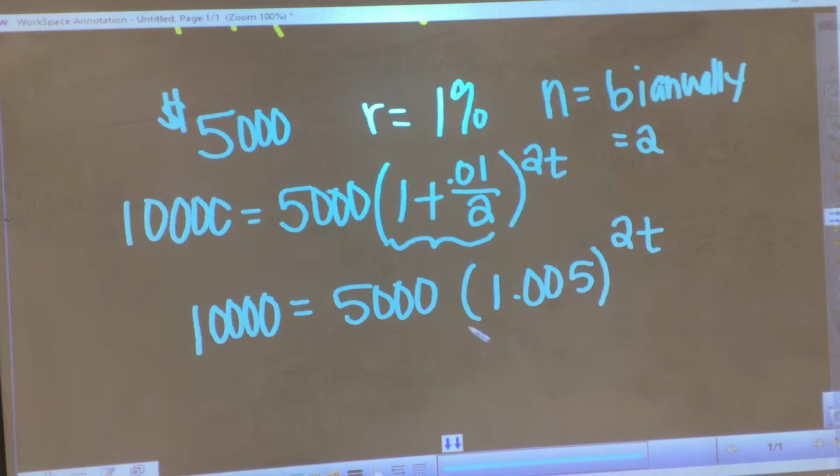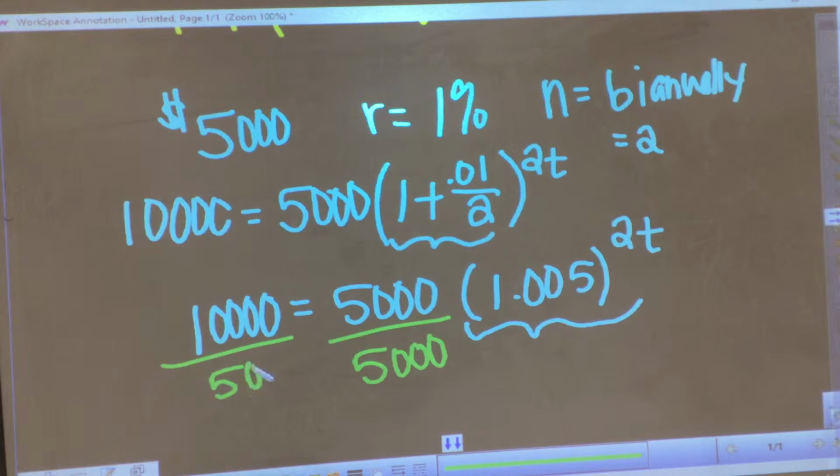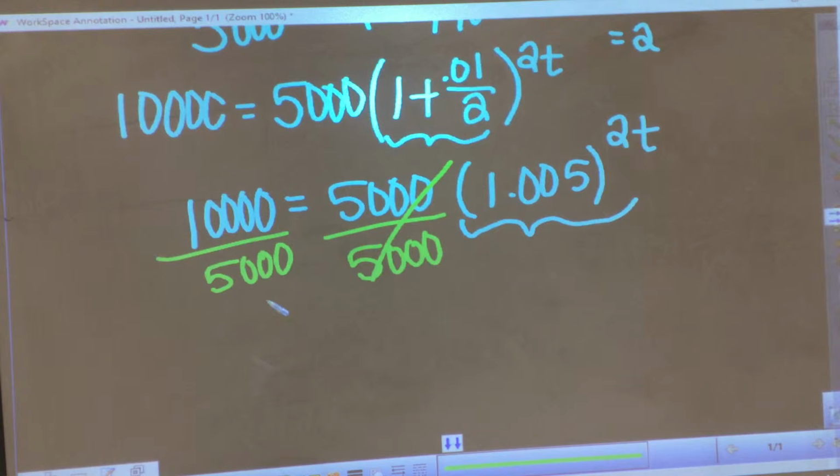So we need to get the part with the exponent by itself. So to do that, we're going to just divide both sides by 5,000. That cancels it out on the right. So on the left, we're left with 2. And on the right, 1.005 to the 2t.